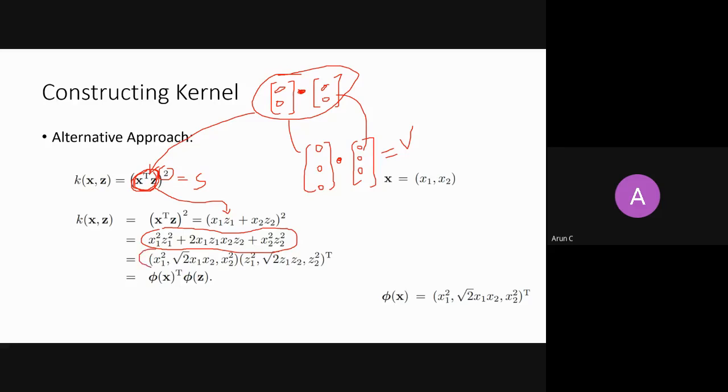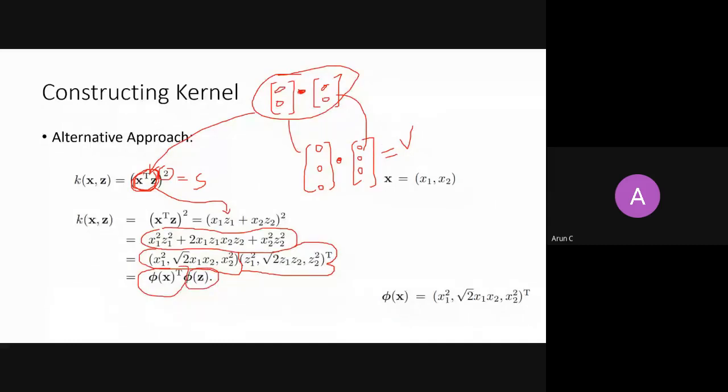The first vector has the first component x1 square, then x1 x2, and the third one x2 square. Similarly, the second vector is z1 square, z1 z2, and z2 square, right? And then you take a dot product.